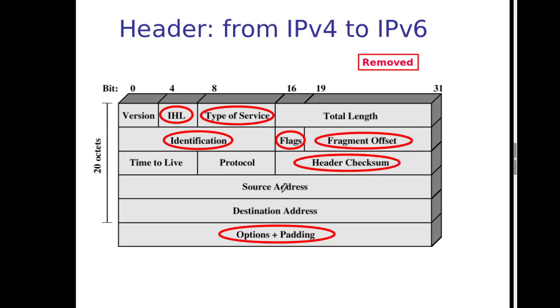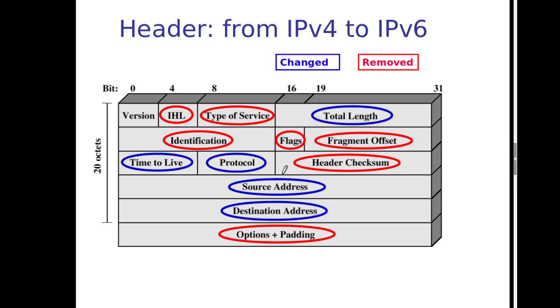However, you can see source address and destination address are still there, but it is not 32-bit, it is 128 bits, right? Version is still here, no problem. Apart from the removed ones, whatever has remained here has been modified.